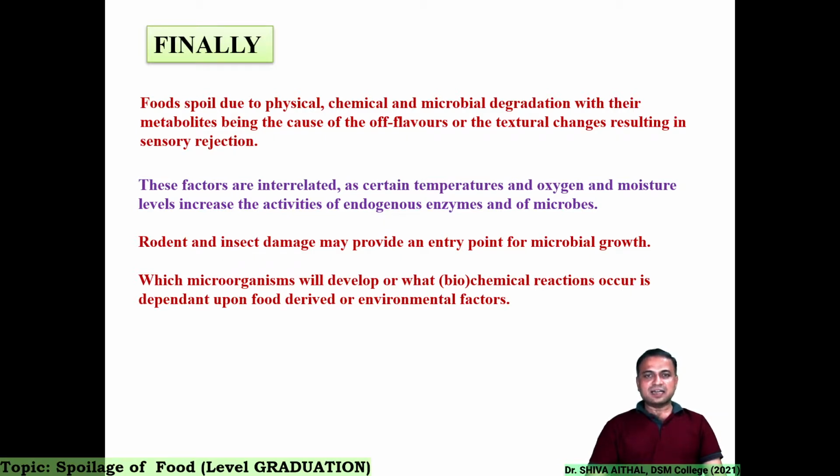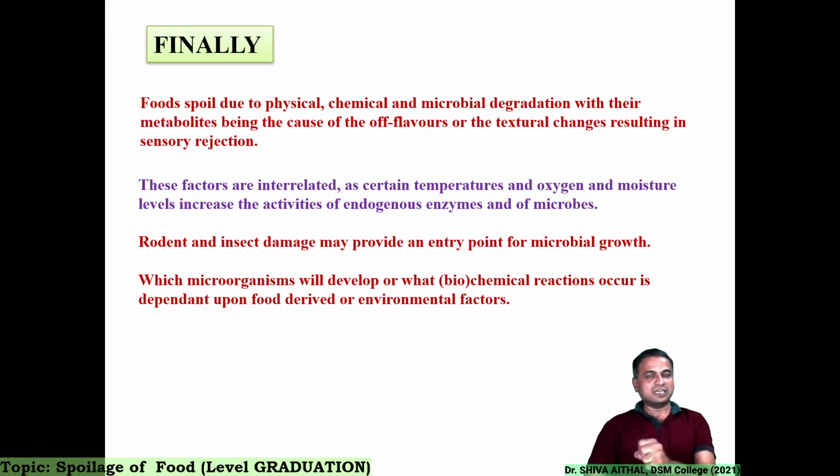These factors are interrelated to each other because at certain temperature, certain oxygen level, certain moisture concentration, the activity of the endogenous enzymes of the fruit itself, food itself, or the microorganisms present in the food which contain these enzymes, they are interrelated and they are put into action. Rodents and insect damage are also there.